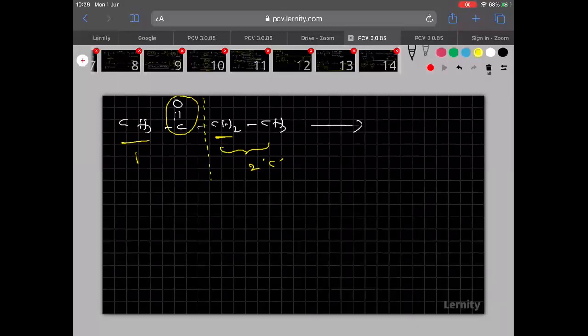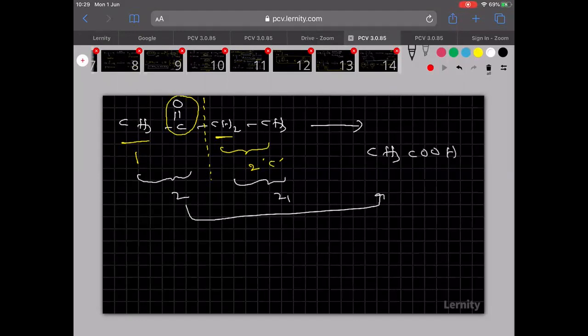Is it clear, everyone? Now tell me, on the whole here how many carbons are there? Two. On the whole here how many carbons are there? Two. So from this, what is the acid that we are going to get? What is the 2 carbon acid? CH3COOH. Again CH3COOH. That means 2 moles of the same acid we will get here.